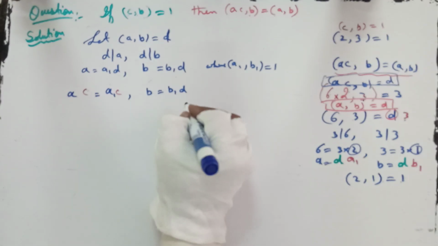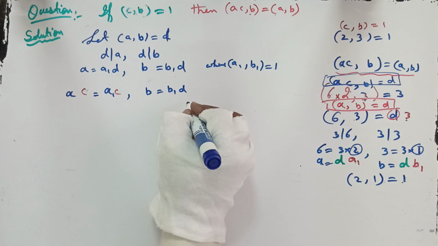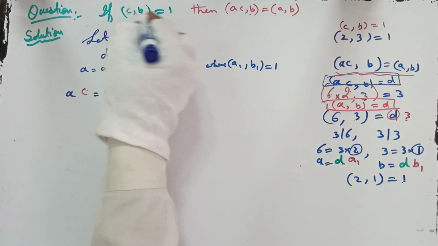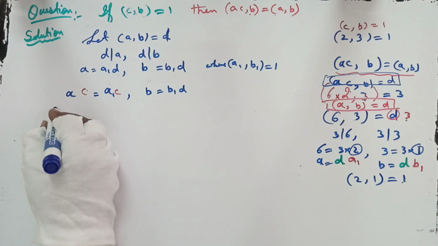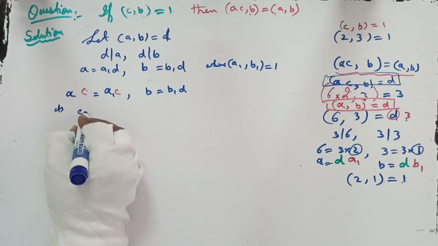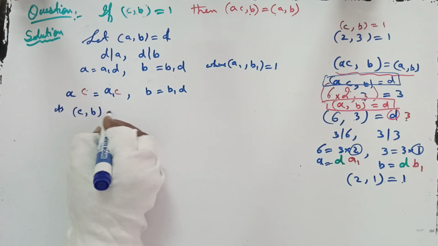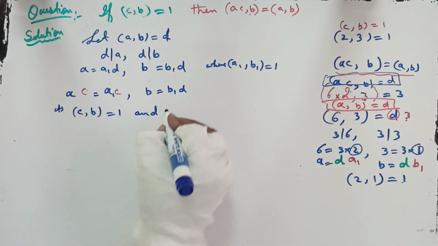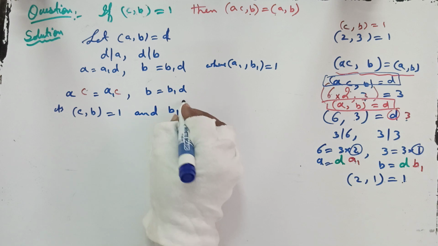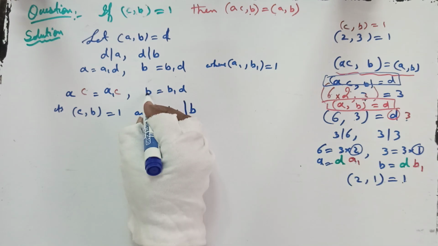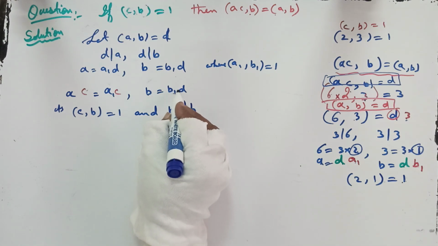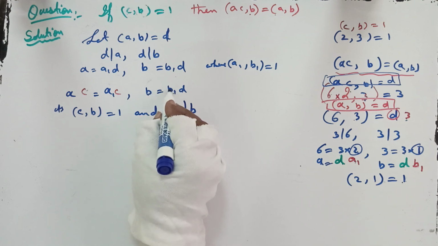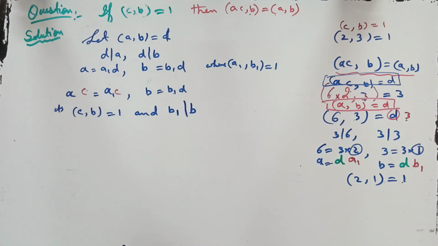From here, as it is given that C and B are relatively prime, and B1 divides B. B is a multiple, B1 and D are its factors, so a factor divides the multiple.